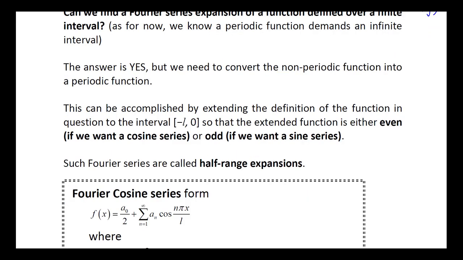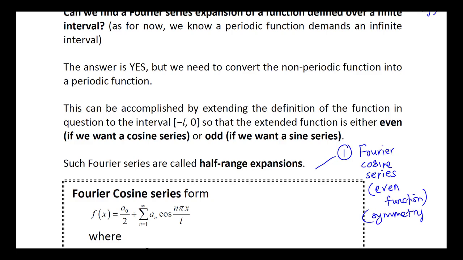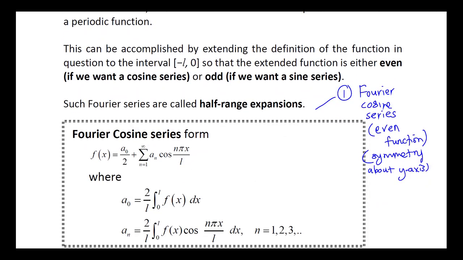To expand the Fourier series, you can expand in terms of Fourier cosine series. Remember that if it is cos, this one is an even function because of symmetry about the y-axis. And then you can expand in terms of Fourier sine series.